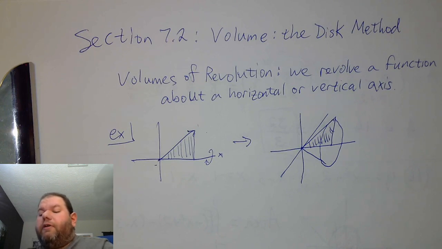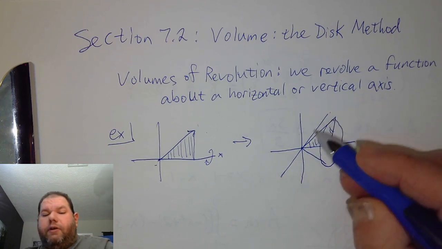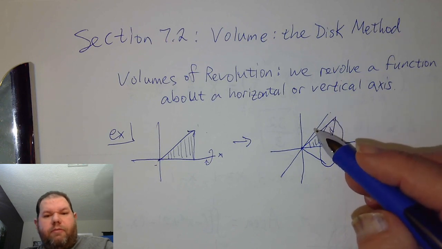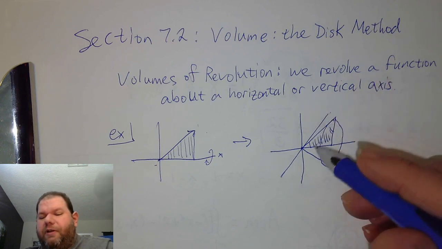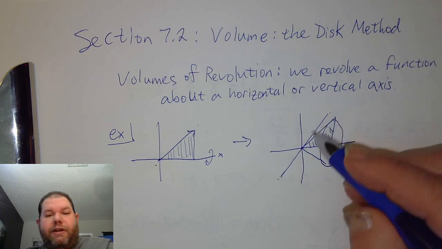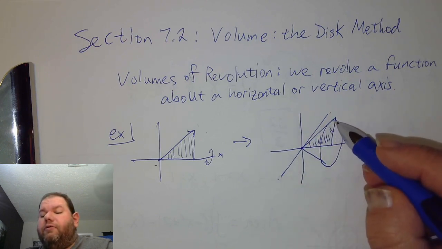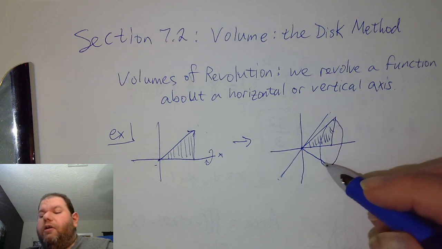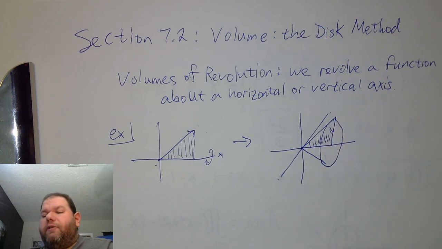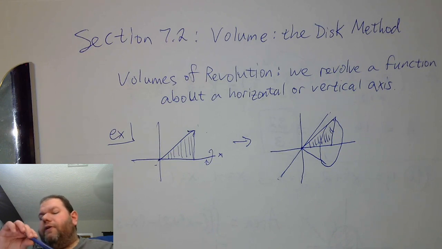I've drawn a third axis here, which comes out from the page, but it's hard to draw that, so we draw it at an angle. Here's a view of the bottom of this figure. The idea is that we take this triangle and revolve it around an axis, and it creates this cone shape.